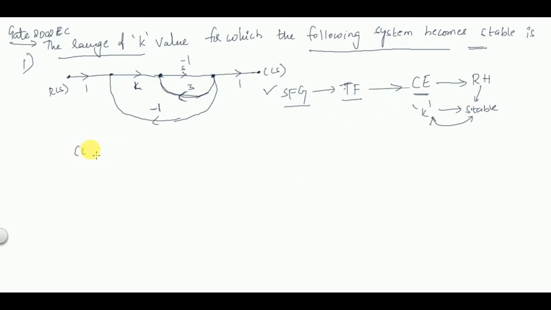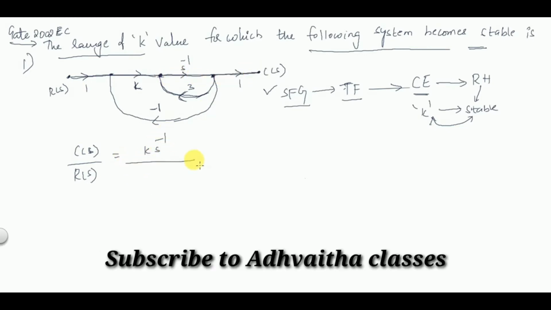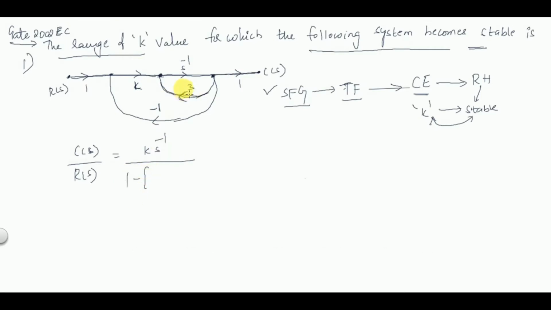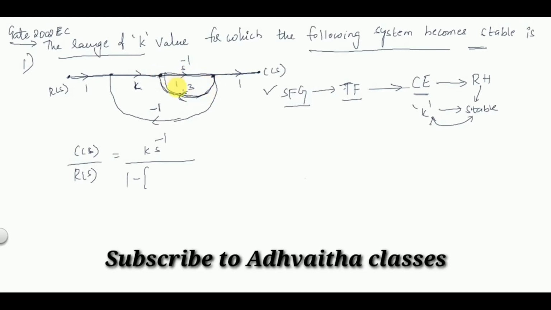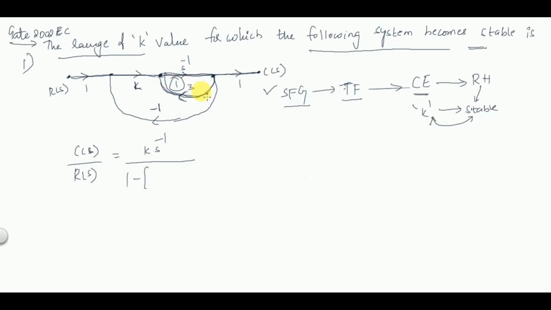So from the SFG we can find the transfer function. There is only one forward path, so it will be k into S inverse divided by 1 minus loop gains, from Mason's gain formula. This is the first loop, and the loop gain is 3 into S inverse.